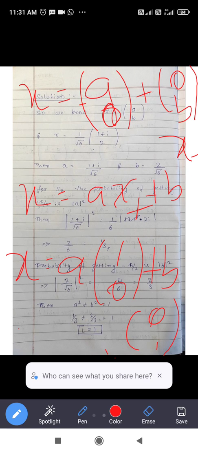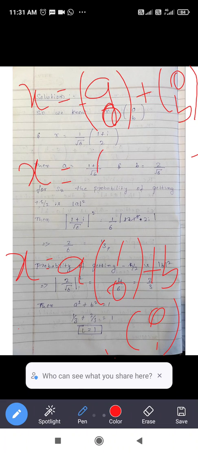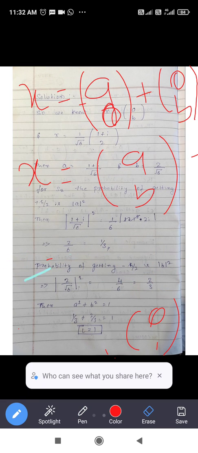Then adding, we get chi equal to the column matrix (a, b). You know this equation from the previous class.